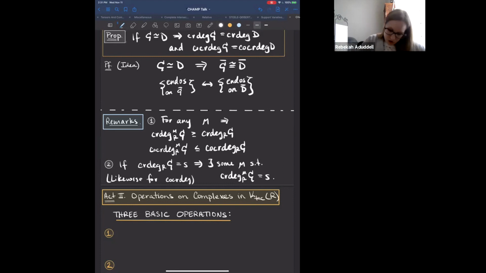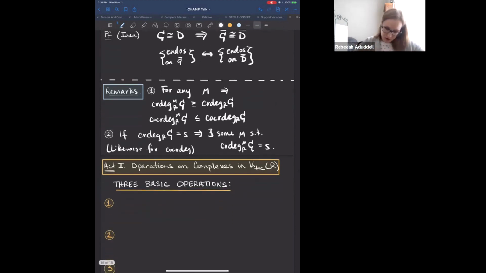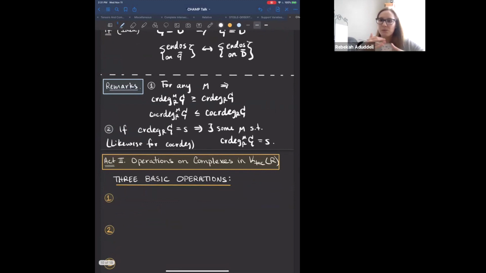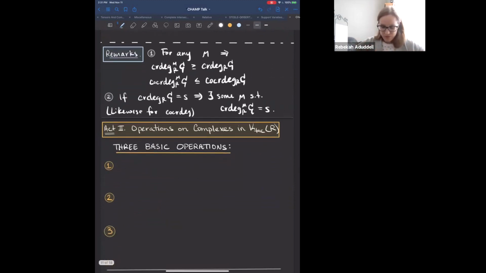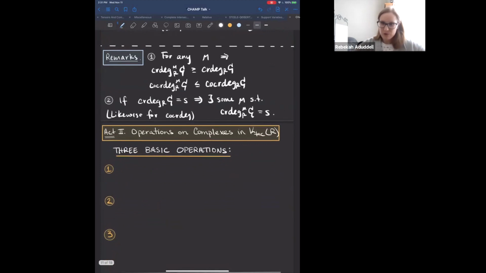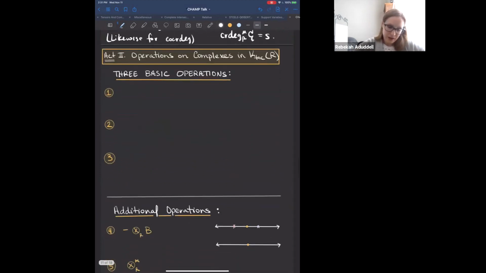Okay, so these two observations help us say something when we start looking at manipulations or operations of complexes. This is a bulk of what I've been focused on: studying, based on certain operations, can we say anything about the critical or co-critical degree? And there are three basic operations in KTAC.